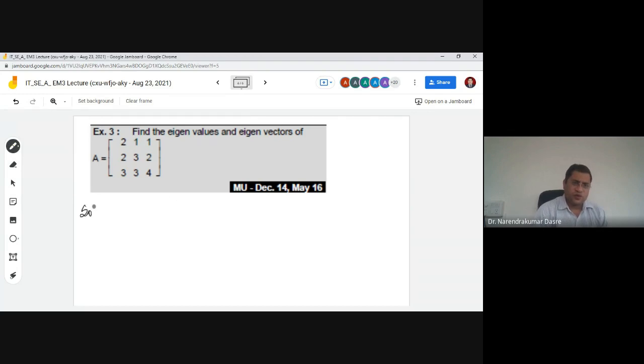So what we should do first: let A be equal to 2 1 1, 2 3 2, and then 3 3 4. So B the given matrix.